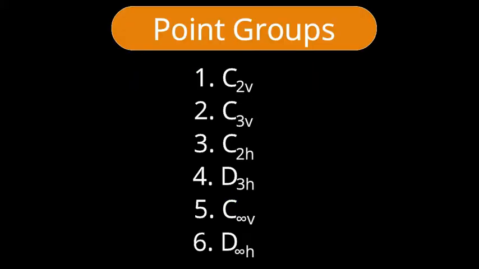The point groups which are in your syllabus are C2v, C3v, C2h, D3h, C infinity v, D infinity h. So among these, C and D category with vertical and horizontal planes are included in your syllabus. Dihedral plane is not included, but I had informed you what is that dihedral plane.